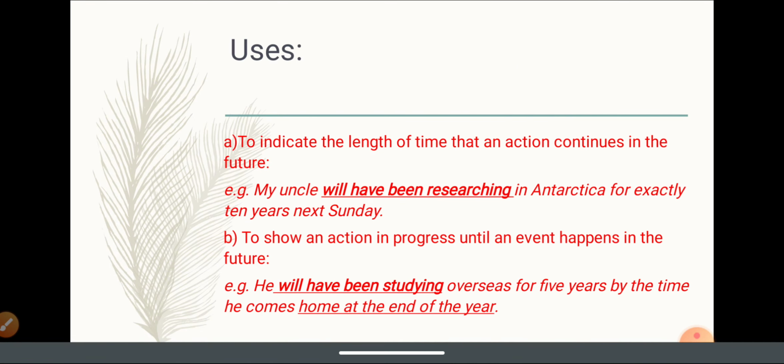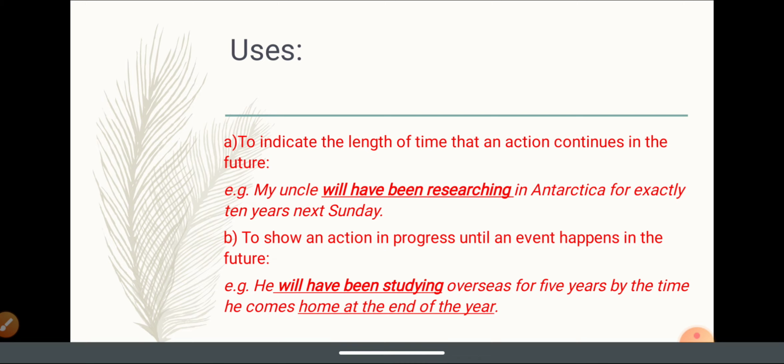Uses of future perfect continuous tense are there to indicate the length of time that an action continues in the future. So with the time, it is mentioned that at that time the task will be found continuing. So my uncle will have been researching in Antarctica for exactly 10 years next Sunday.